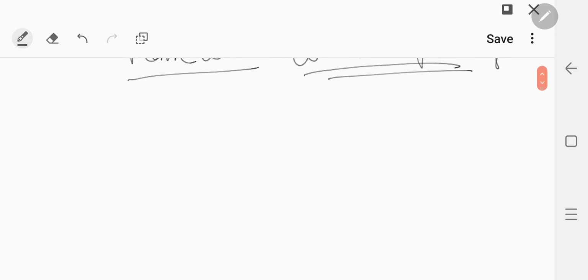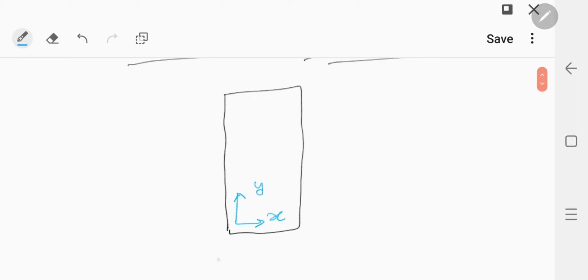Now consider a plane wall of thickness L. These are the x axes. It's 0, it's L over here. The thickness is L.